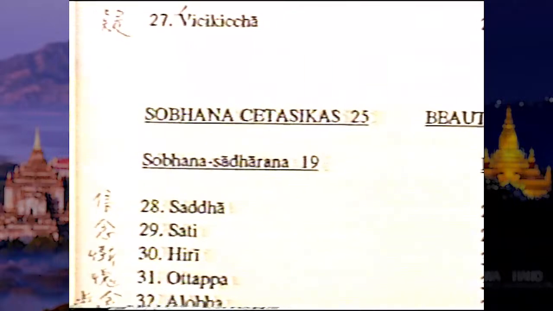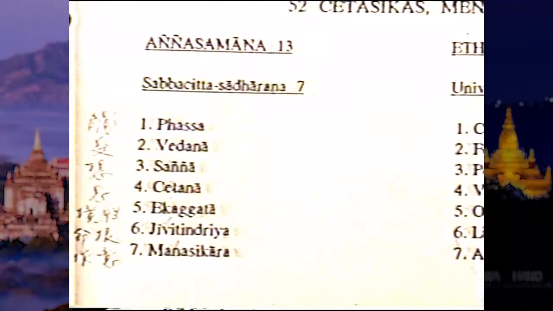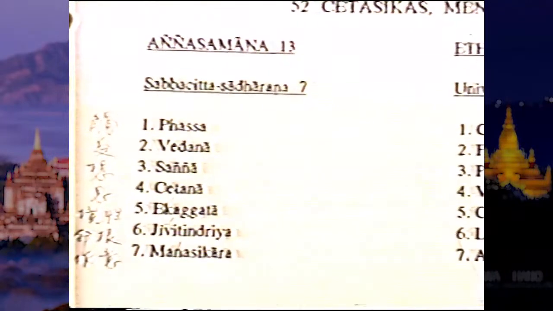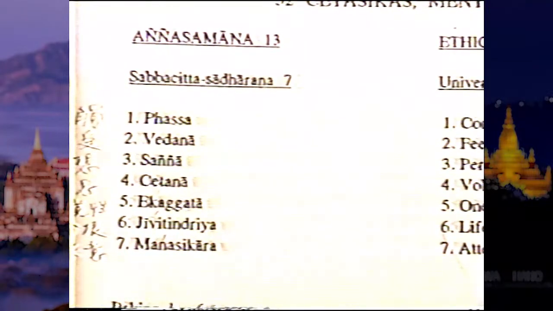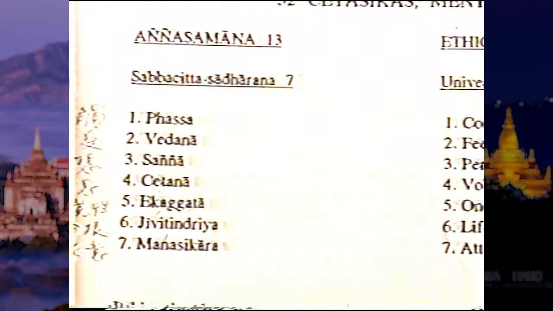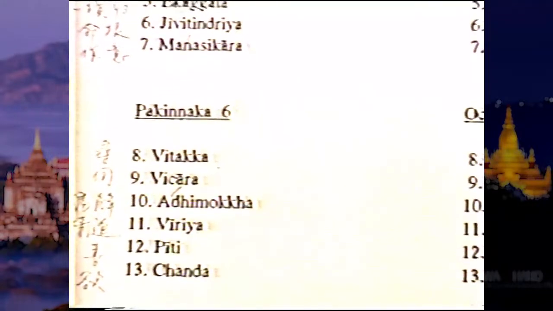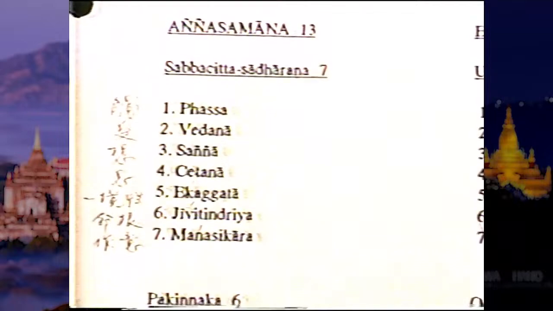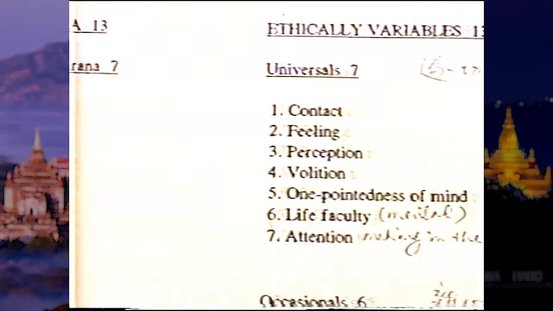The first group is divided into 2 subgroups. The 13 of them are divided into 2 groups consisting of 7 and 6. The first group is called in Pali Sabba Citta Sadharana, common to all cittas, so they are called universals.